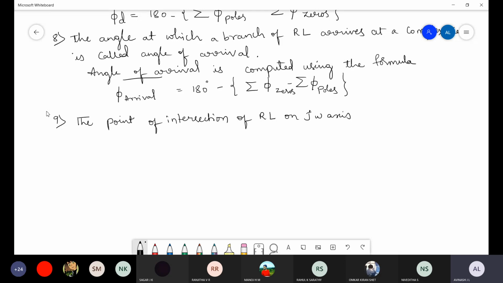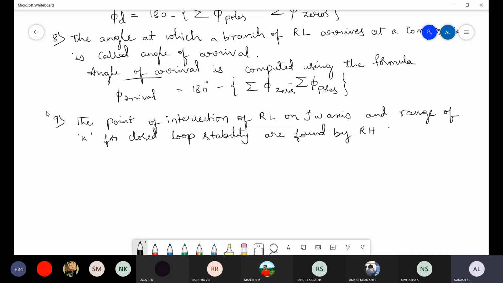and range of k for closed loop stability. The range of k for closed loop stability is found by RH criteria.